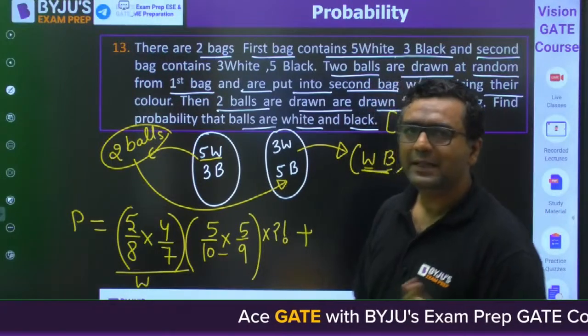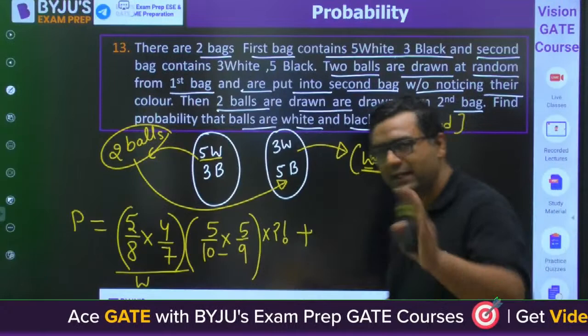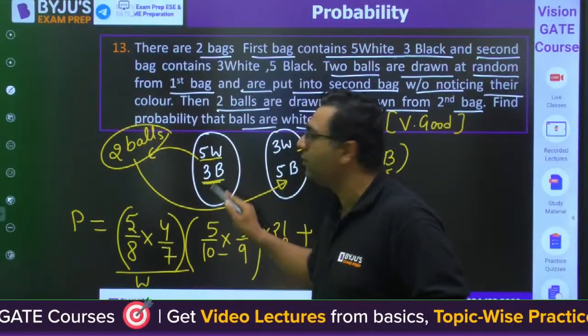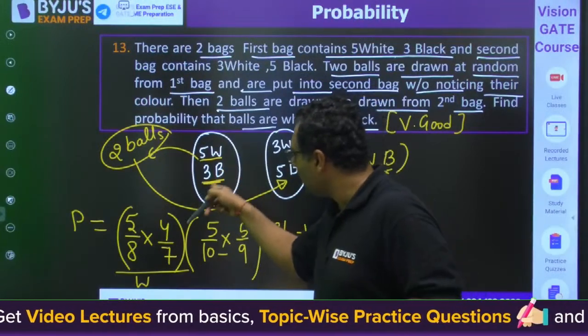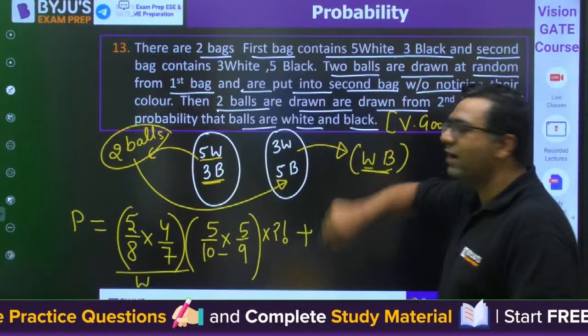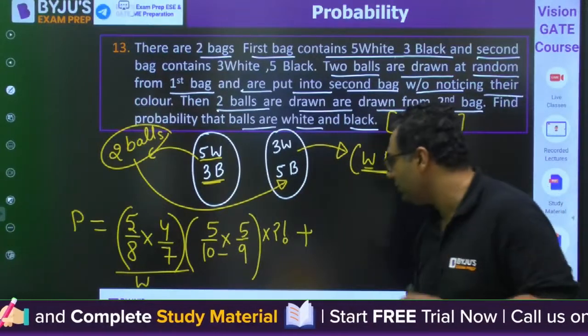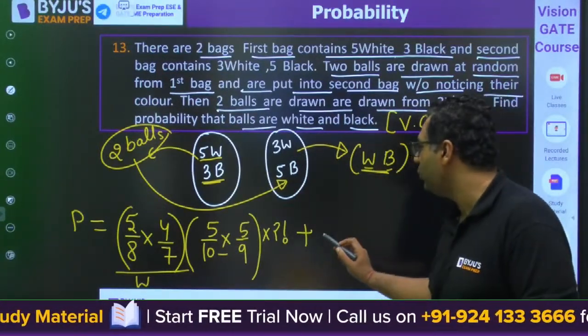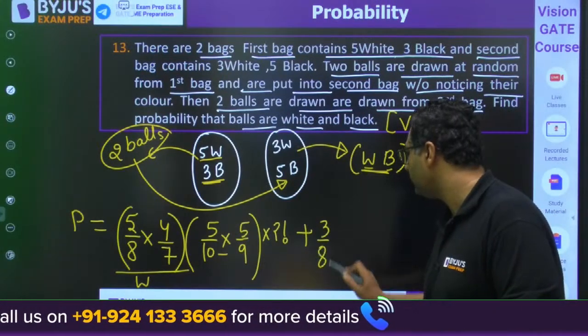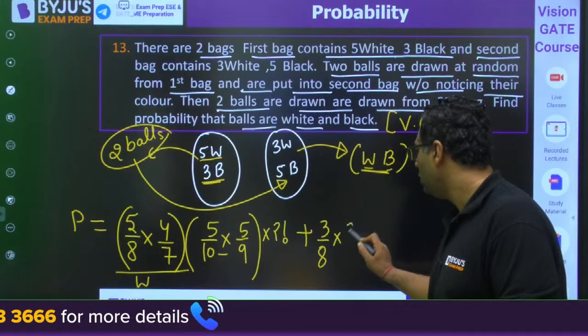Everybody? Second case is whatever 2 balls we have taken, they can be black. We are taking 2 black balls out, putting them here, and then we are finding 1 white and 1 black from here. That can also be the case. So if we are taking 2 black balls, we will be writing 3/8 into 2/7.